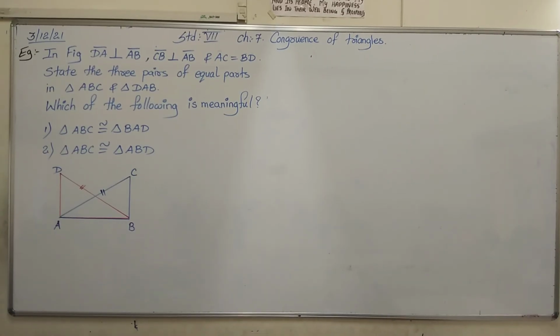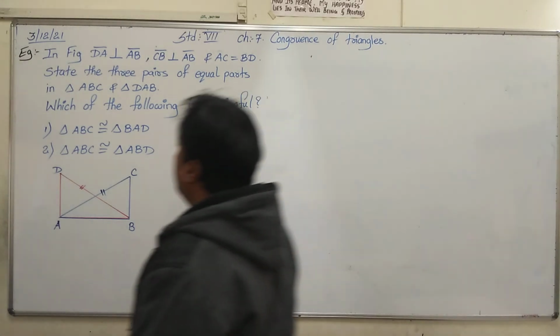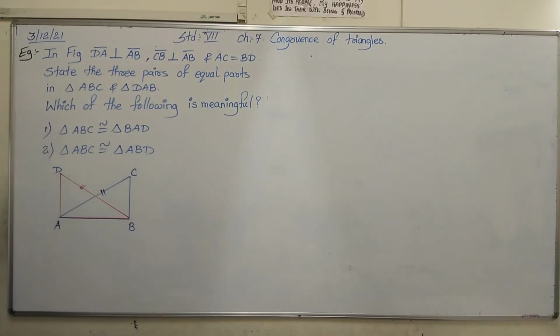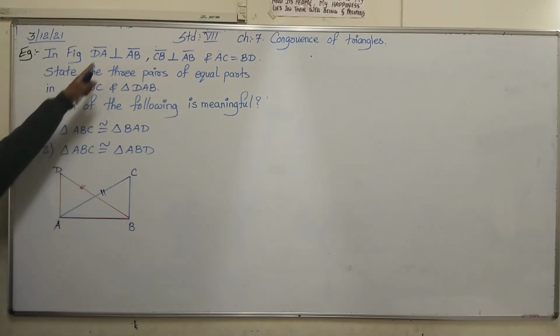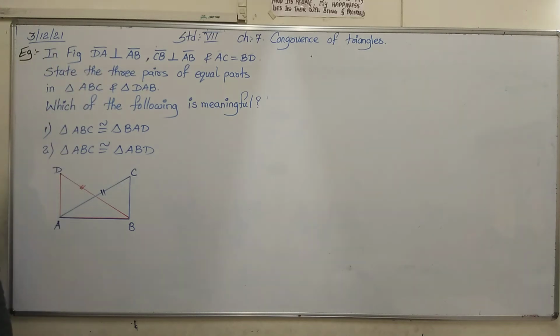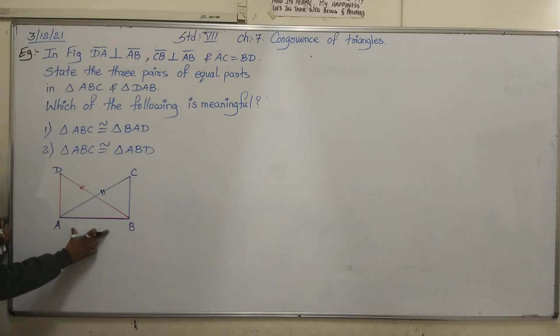Next example. In figure, DA is perpendicular to AB. Now the symbol perpendicular indicates that they are making 90 degree with each other. So we can say that this DA is perpendicular to AB.